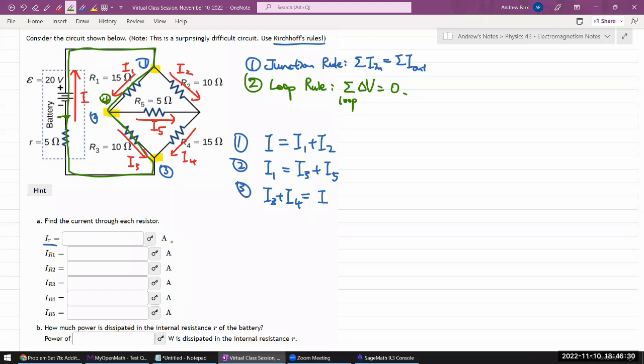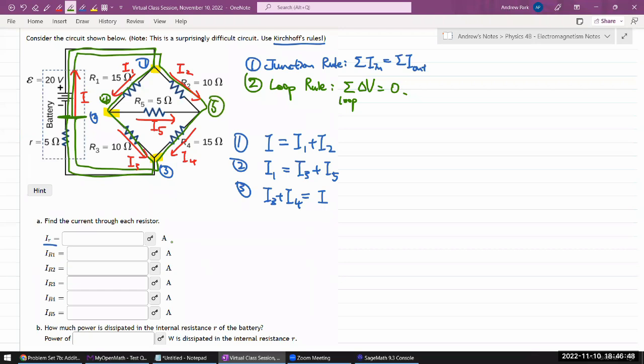I could define all my loops around here, but let me do the weird thing and just use the same starting point, and I will just make different choices at each branch. This time I'll go down this way and come back to the same point. That's going to be my loop number 5.